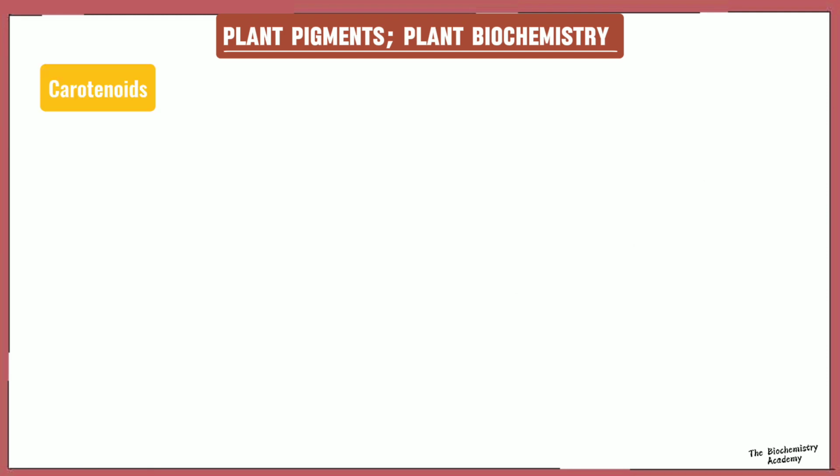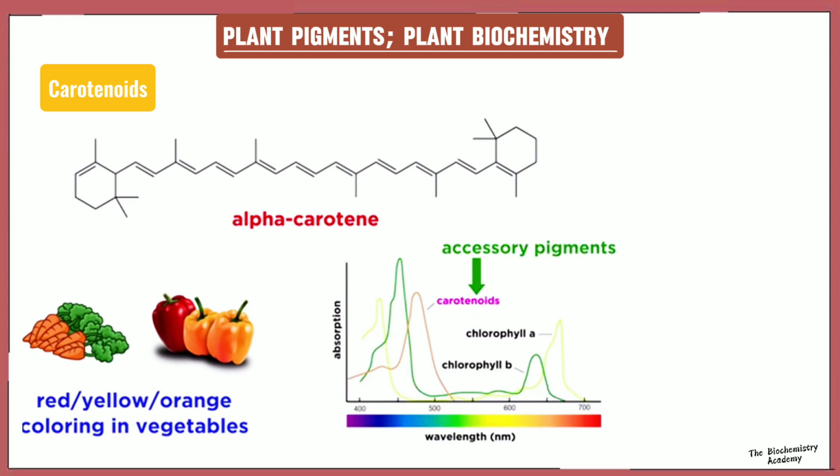Now, the next plant pigment is the carotenoids. They are known as accessory plant pigments because they assist with the function of photosynthesis. From the name carotenoids, the first thing that comes to my mind is carrots.